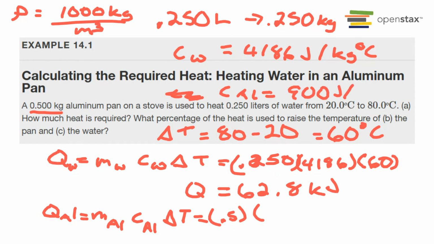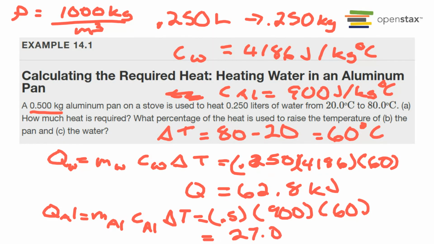If you look that up in the table, which I'm about to show you in a second. So that would be 900 times the change in temperature, which is 60 degrees. And so when you finish that, it's about 27.0 kilojoules. So that's the heat energy required to raise the temperature of the pan.